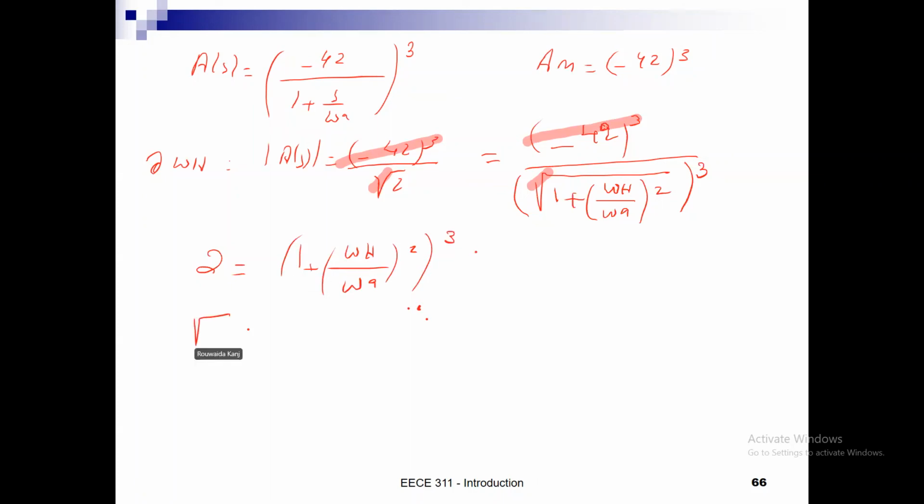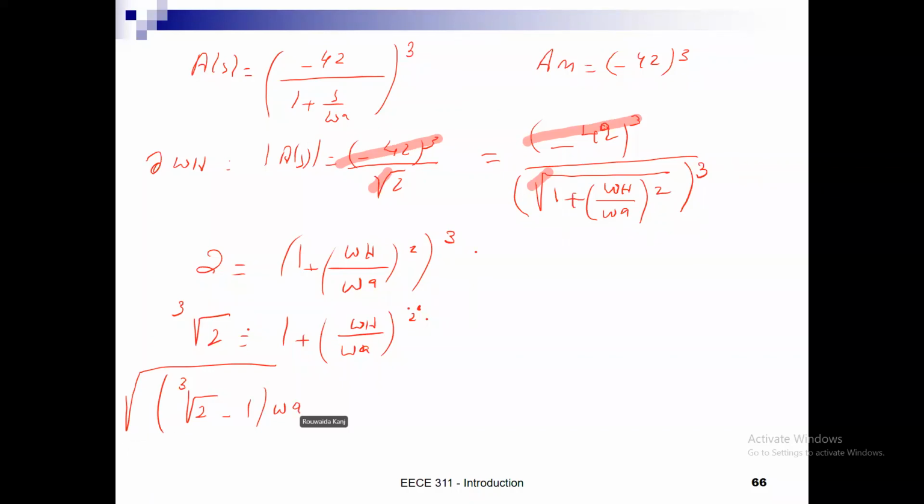So I will take the cubic root of 2 equal to 1 plus omega h over omega A all squared. Right? And now I can just do simple math and solve for omega h. So it becomes the square root of the cubic root of 2 minus 1, multiplied by omega A.